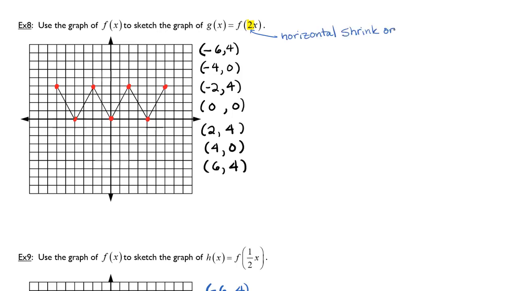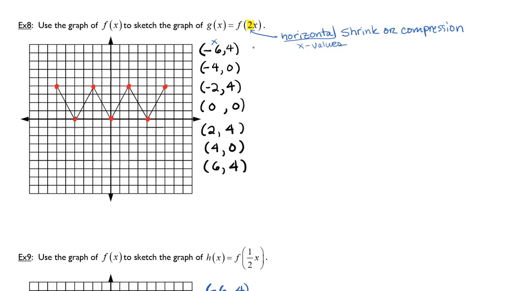or compression. Now remember, we're going to take the x coordinate because of the horizontal change, because remember, when you substitute a scalar inside your function, you're affecting the horizontal values.